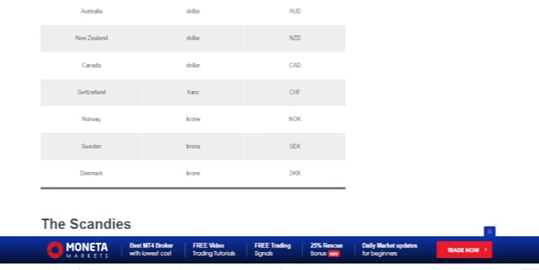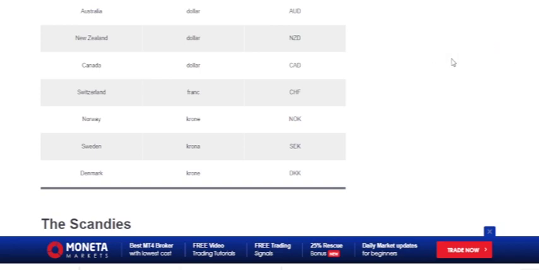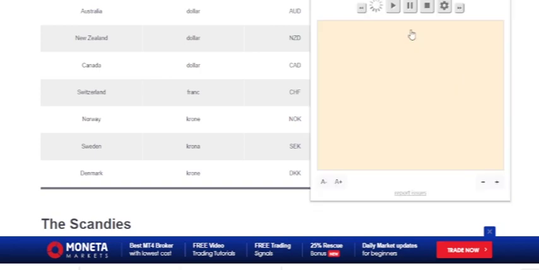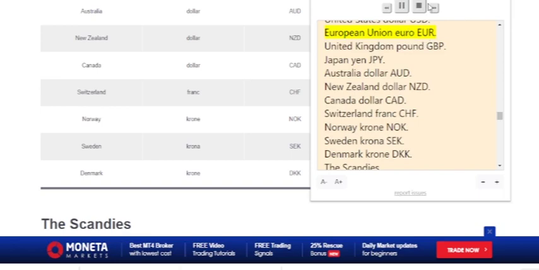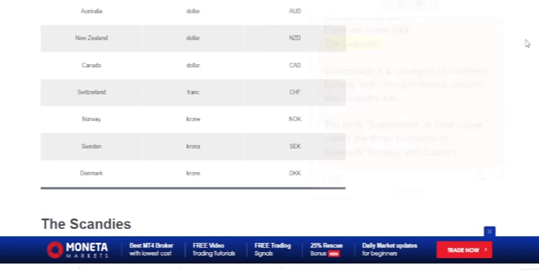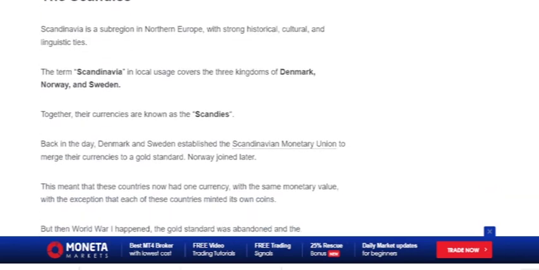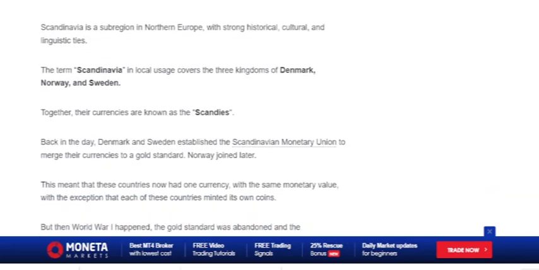We are going to look at the Scandis, those from Scandinavia: the Swiss, the Swedish, Norway, United Kingdom pound GBP. The Scandis. Scandinavia is a subregion in Northern Europe, with strong historical, cultural, and linguistic ties.